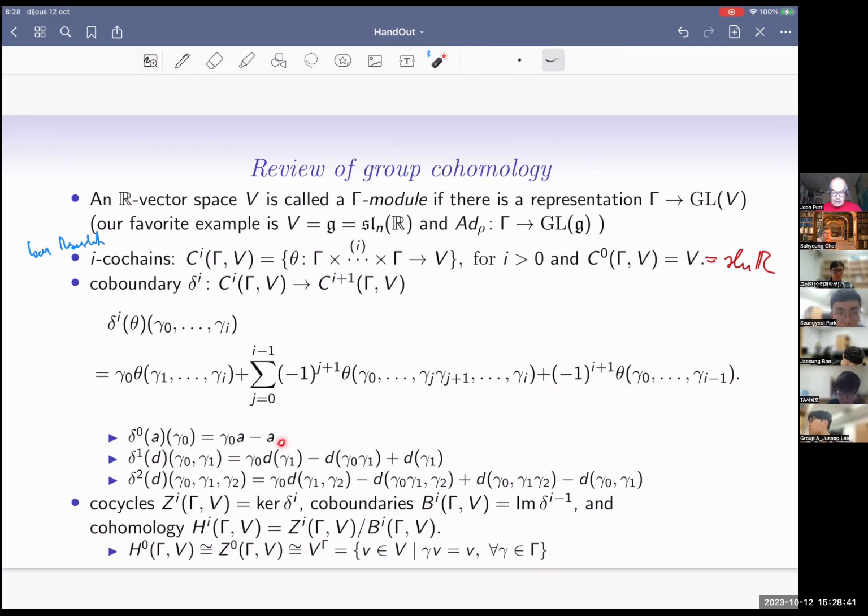That's more general, a particular situation. The other one, delta 1, is this relation which I wrote before, saying that delta 1 of D equals 0 means the same thing as D belongs to Z1. This is the definition I gave before.